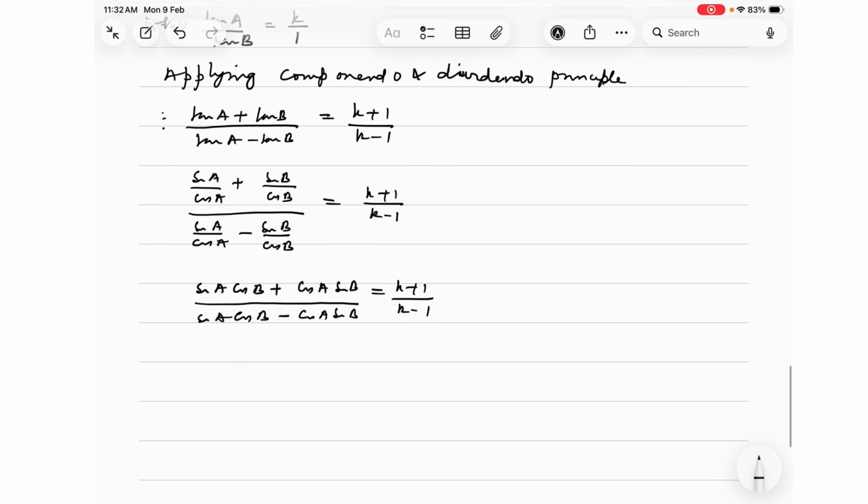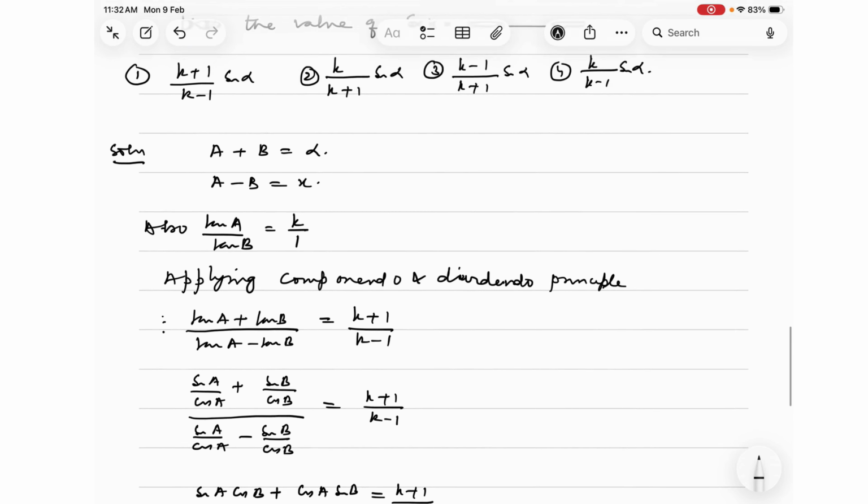But remember, sin A cos B plus cos A sin B is sin of (A plus B), and sin A cos B minus cos A sin B is sin of (A minus B).